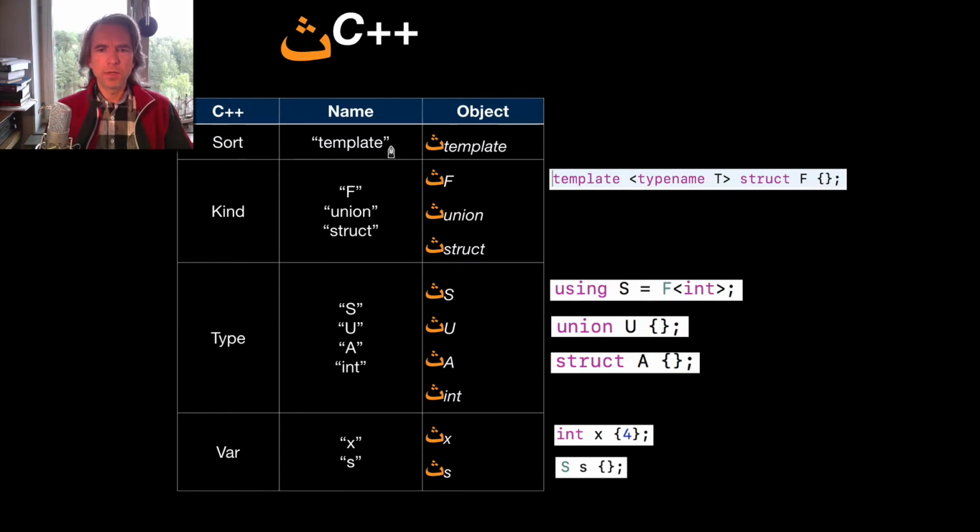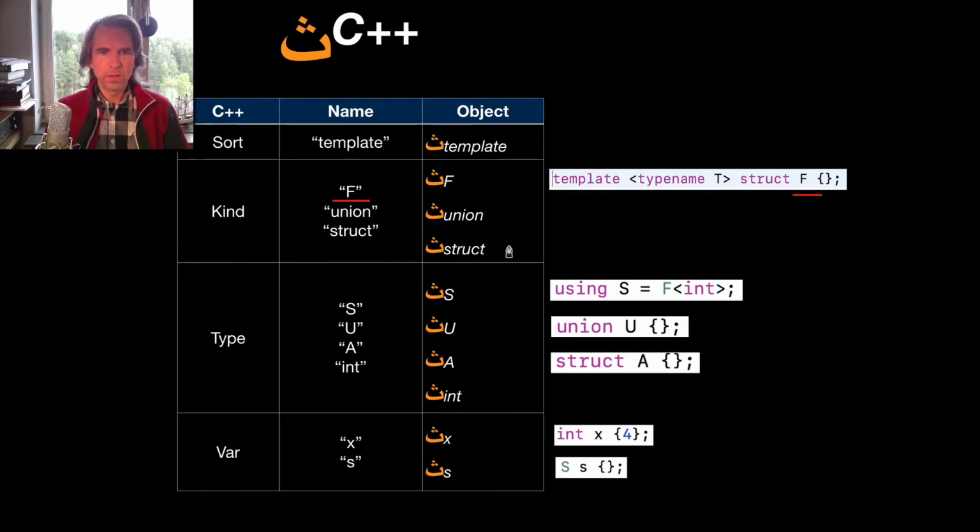What we can say now is that this C++ expression defines a kind f here. So this one here defines this kind, and it uses the template operator. That's that one. So the name template is in the tar model bound to the template object, and the template object takes these arguments and instantiates this kind f.